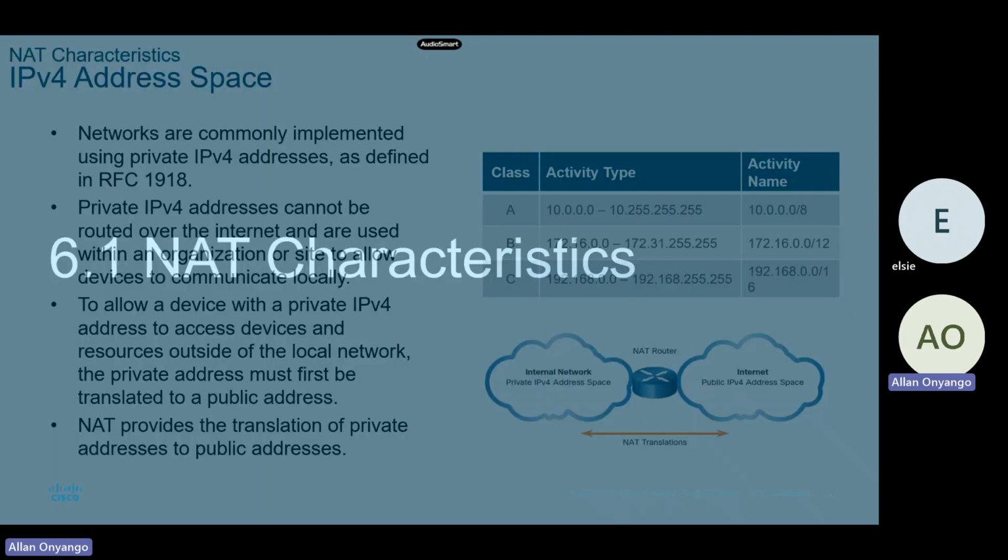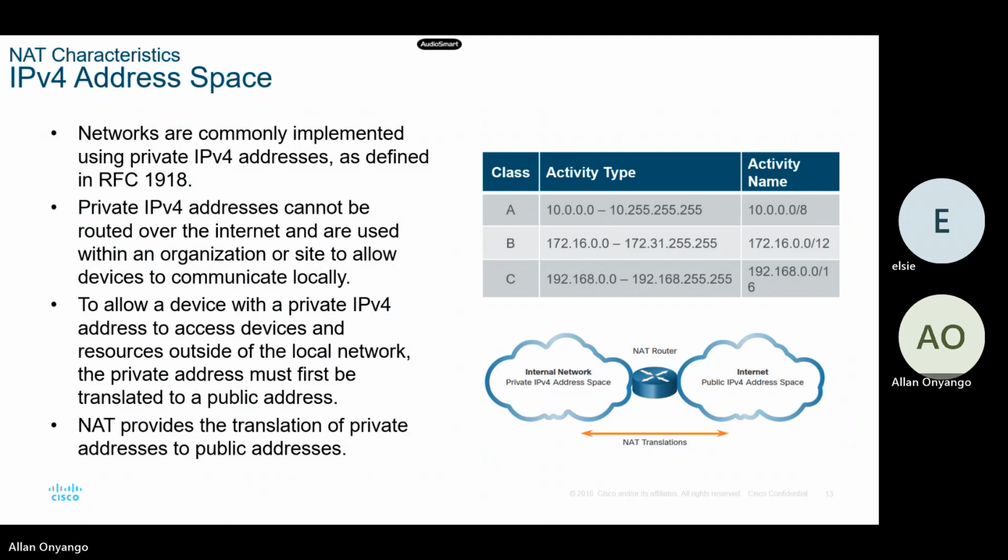So we start with the characteristics of NAT. Now, NAT is commonly implemented using private IP version 4 addresses, all right? And this is because the world has run out of public IPv4 addresses. And so what happens is that currently, the few public IPs available are being shared by, just like in every network, we can have 1,000 computers, 500 computers, 10,000 computers using private addresses.